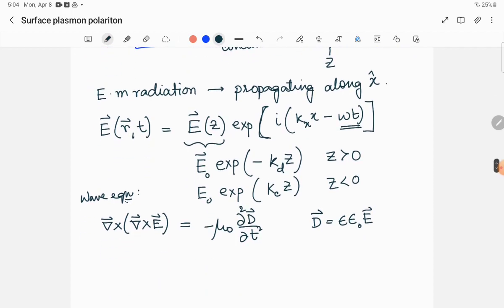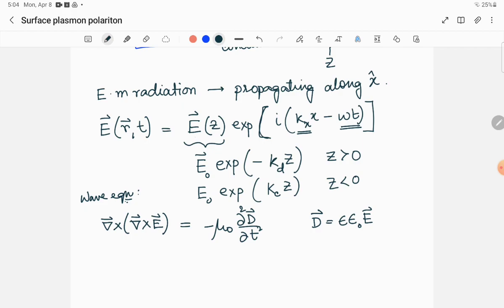So how do we define the electric field? We define it by an amplitude Ez and a propagating part which is exponential i kx minus omega t. So this kx is the propagation vector, and because it's along x, it is written as kx.